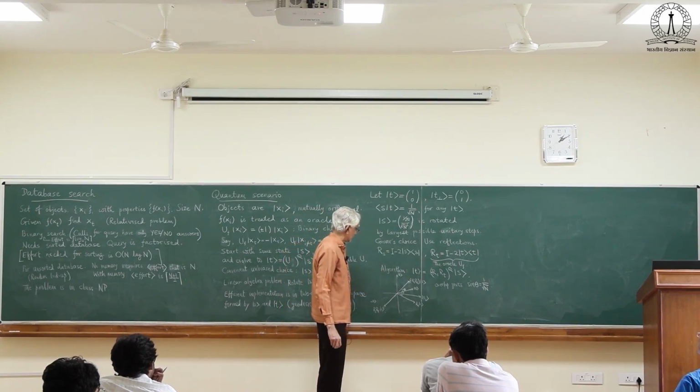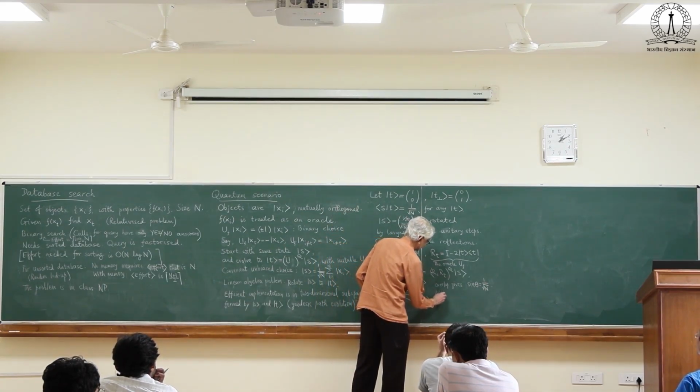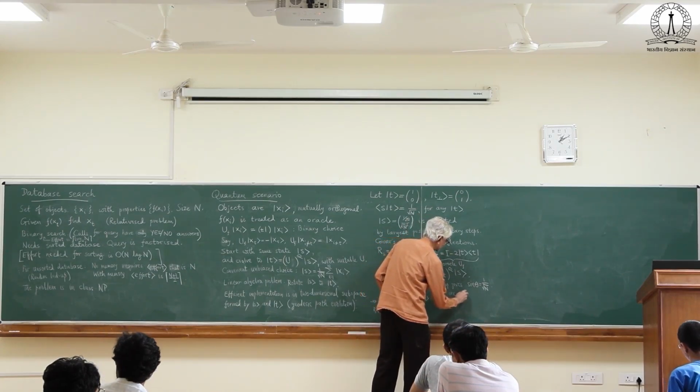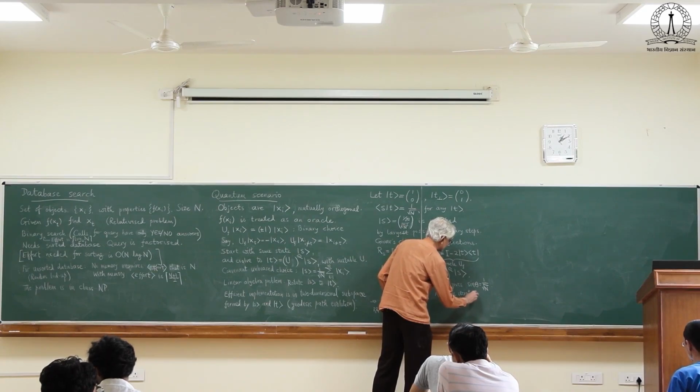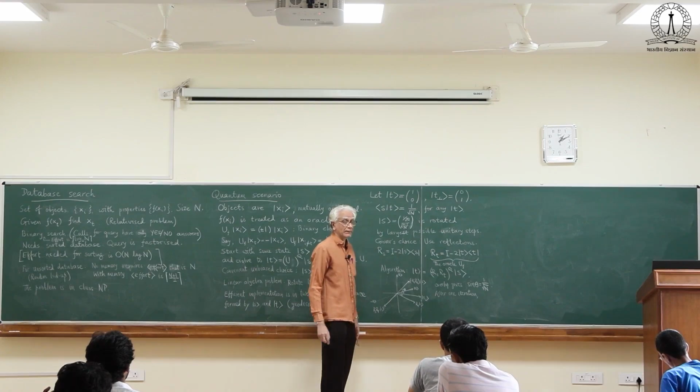So now I can ask, what is the overlap after one iteration?